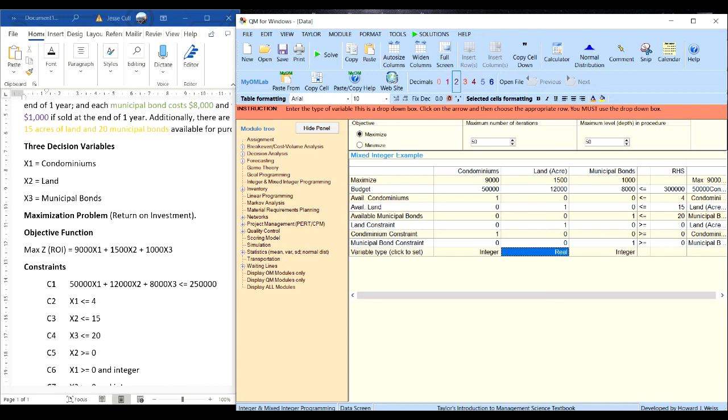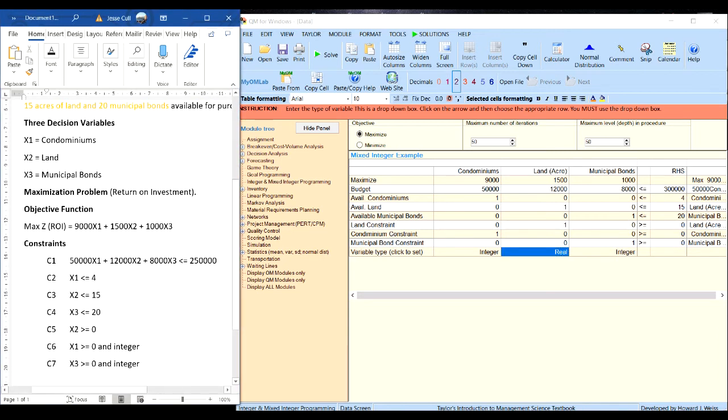And X3 in constraint number 7 must be greater than or equal to 0, and it must be integer. So in this scenario, we have integer because it must be a whole number, real because subdivisions are possible, and integer over here because we cannot buy percentages of municipal bonds. So that information's been solved.